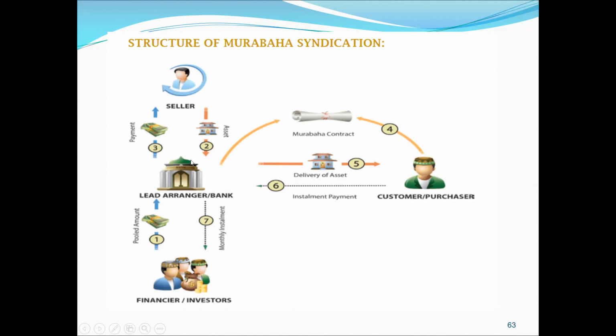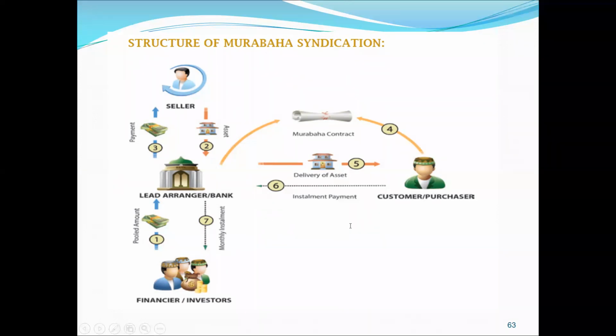And the product that I purchase, I'm selling to the ultimate customer. I write the contract with that customer, making an agreement on murabaha-based principle, delivering the product, and I receive installment payments.